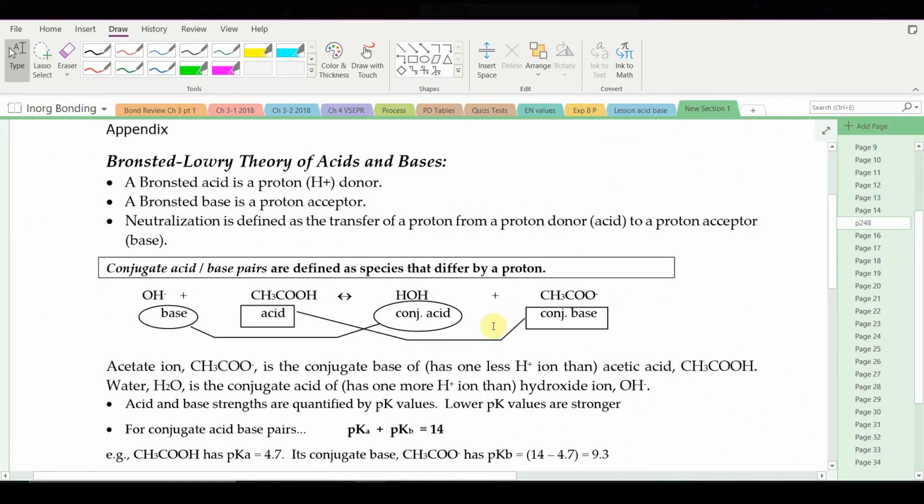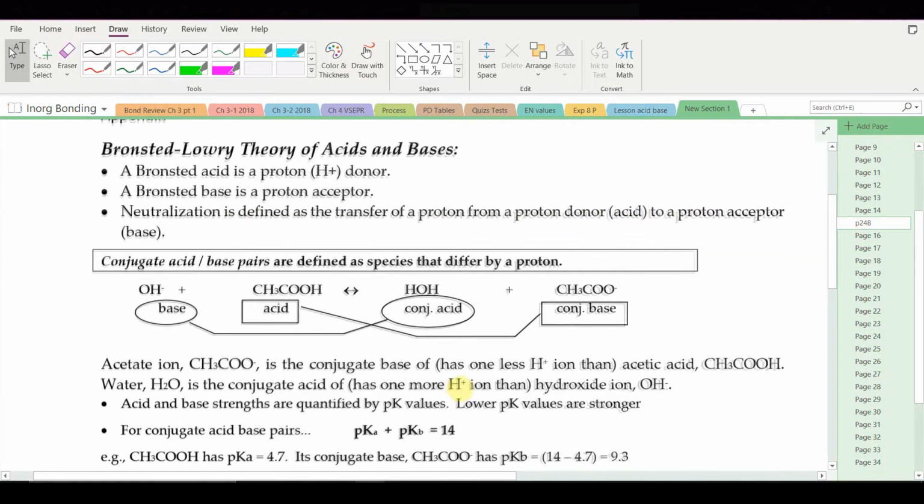In the appendix on page 248, there's a definition of the Bronsted-Lowry theory of acids and bases, which tells us that a Bronsted acid is defined as a proton donor, and a Bronsted base is a proton acceptor. And so neutralization is simply the transfer of a proton from a proton donor, an acid, to a proton acceptor, a base.